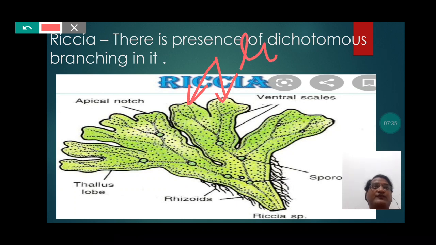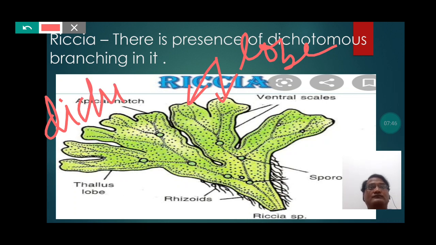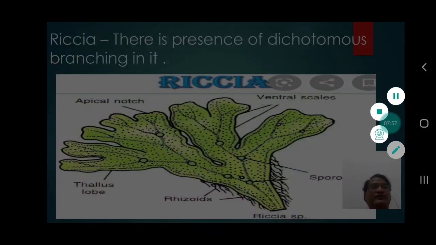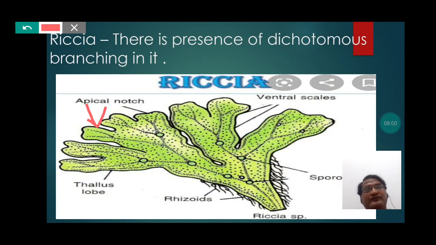So students, these lobes are actually called dichotomous branching. You can clearly notice here that there are two branches in the thallus of the Riccia, and this is called dichotomous branching.